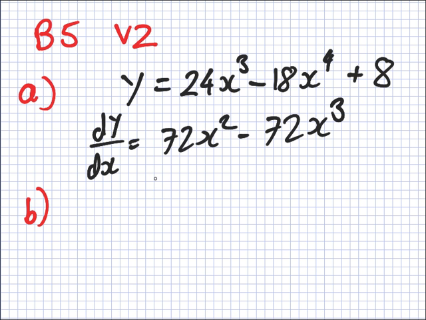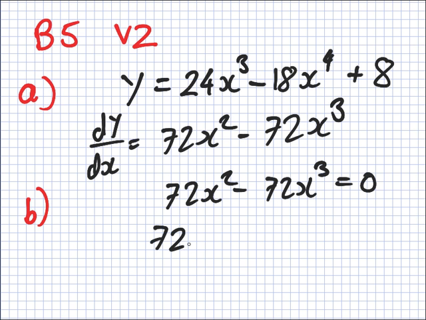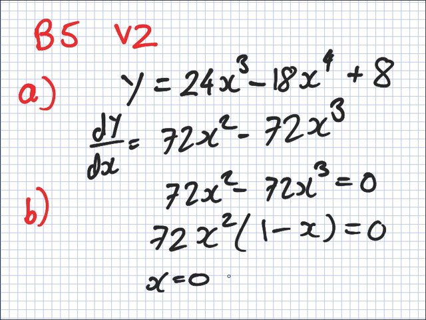What equals 0? The first derivative. Do I have the first derivative? Yes. So make this equal to 0. So I'll take out 72x squared, and I'm left with 1 minus x. So what are the two solutions here? 0 or 1.